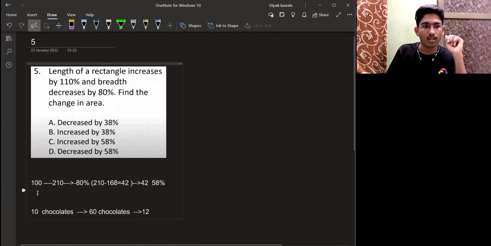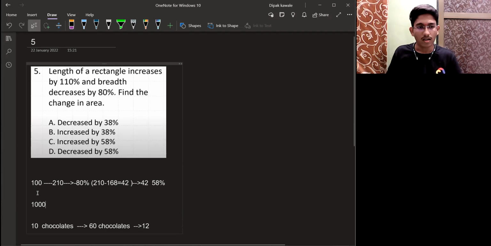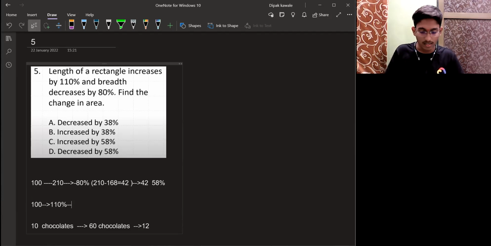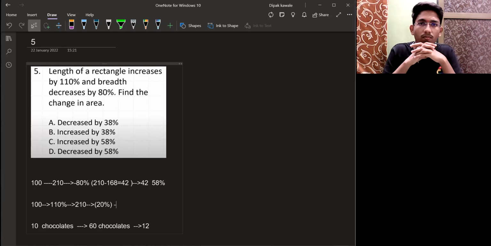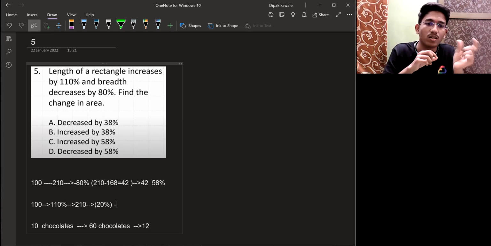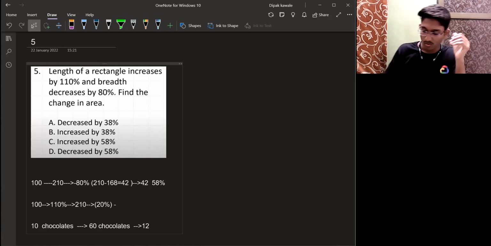Similarly, can we do this in this technique, which says that initially it was 100, it is increased by 110% and decreasing by 80%. Decreasing by 80%, that means can we say now I am having only 20% of my initial. So instead of doing that 80% drama, just multiply that 21 into 2, which is nothing but 42.